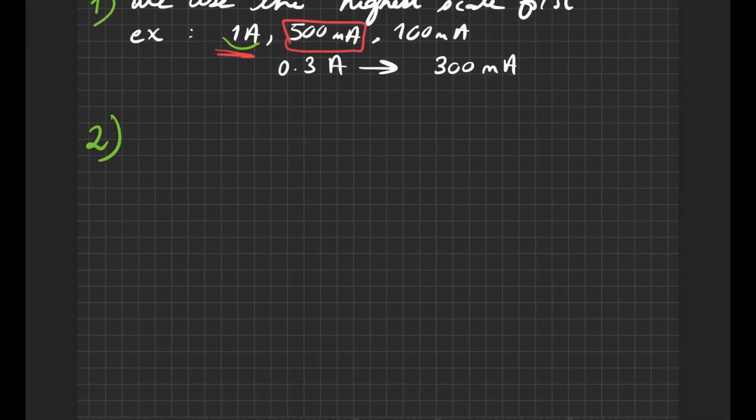Number 2. Does the current in a resistor depend on the speed of the electrons? Actually, the current that passes through a resistor does depend on the speed of the electrons, because as the speed of the electrons increases, the number of electrons that cross a unit area of this resistor per second increases as well, so the current will increase.